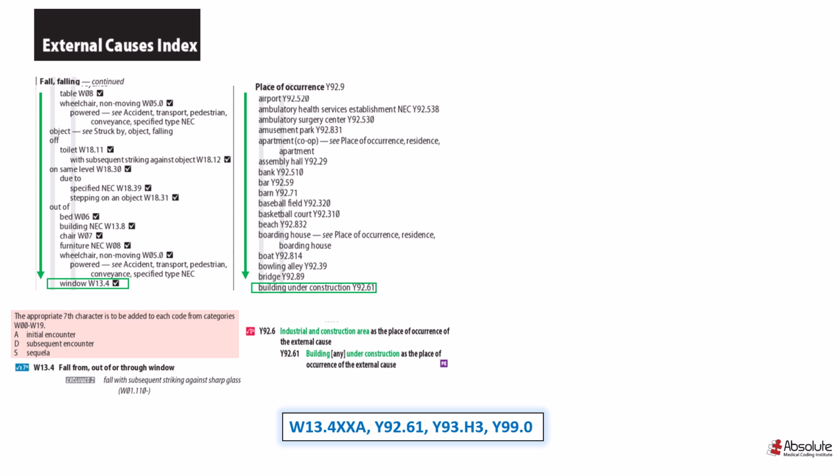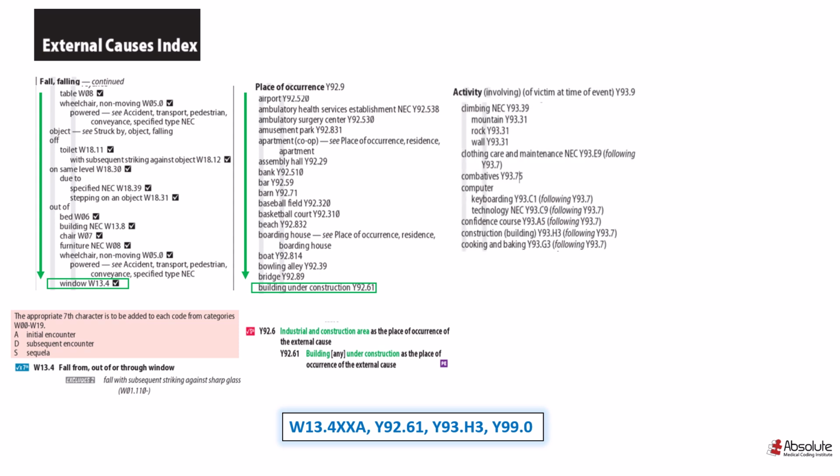You can verify the code in your tabular list, which would give you building under construction as place of external cause. Next comes the activity. Go to the activity and search for construction building, and that would lead you to Y93.H3, which is for activity, building, and construction.